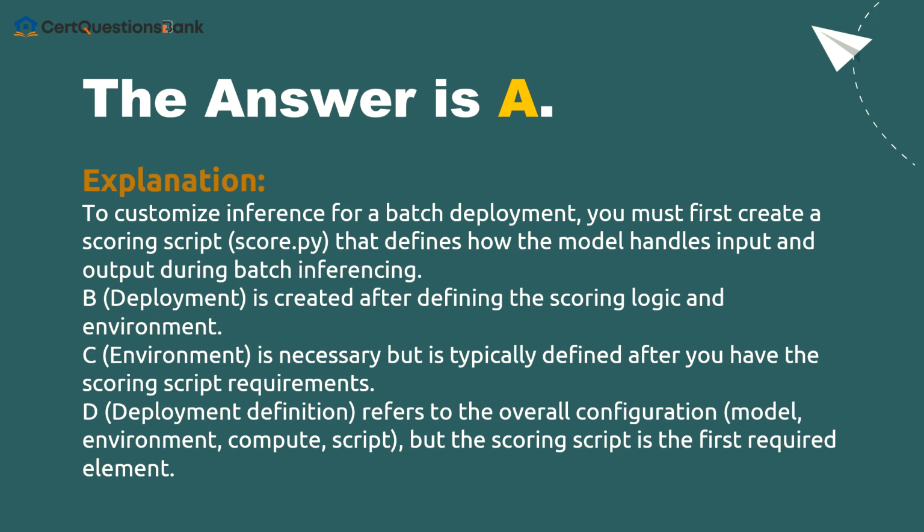C, environment, is necessary but is typically defined after you have the scoring script requirements. D, deployment definition, refers to the overall configuration: model, environment, compute, script. But the scoring script is the first required element.